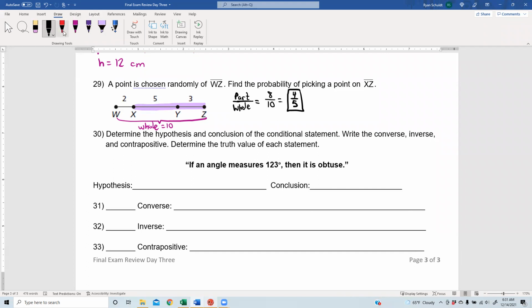If an angle measures 123 degrees, then it is obtuse. Where is your hypothesis? It follows the if. So an angle measures 123. That's our hypothesis. That means our conclusion would be it is obtuse.